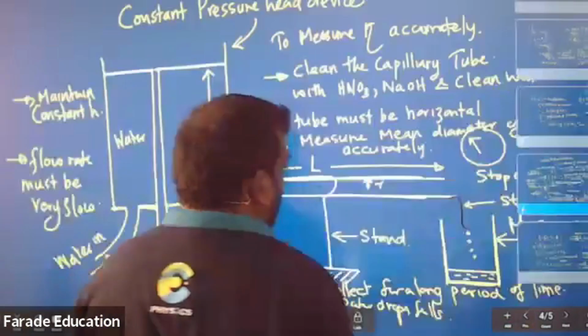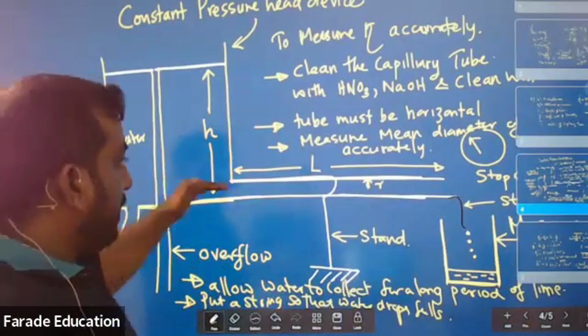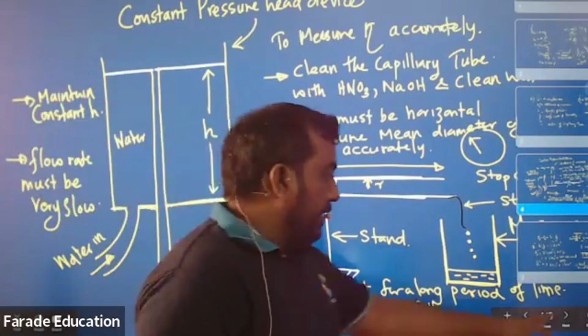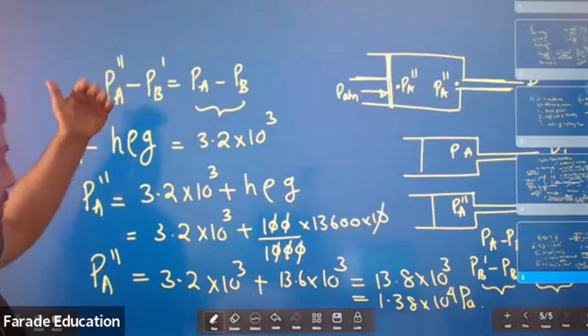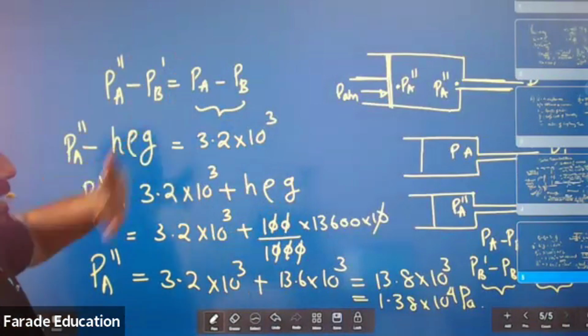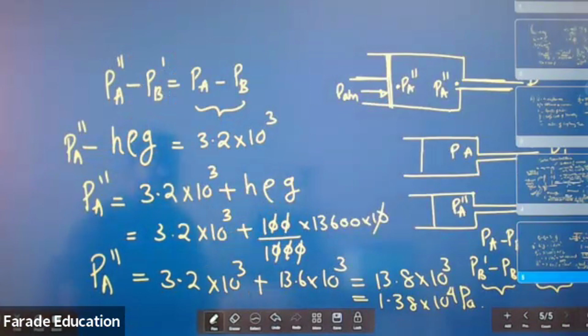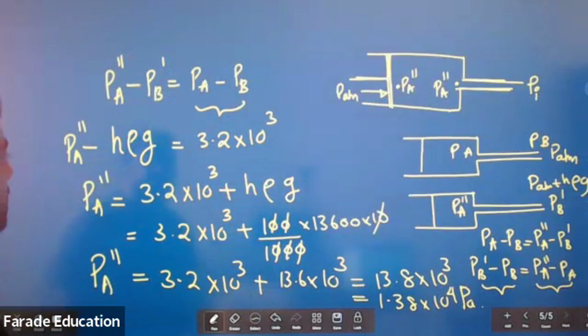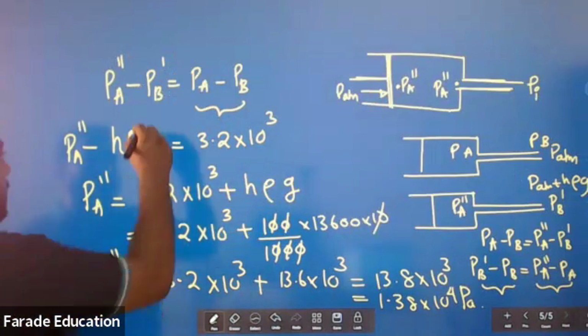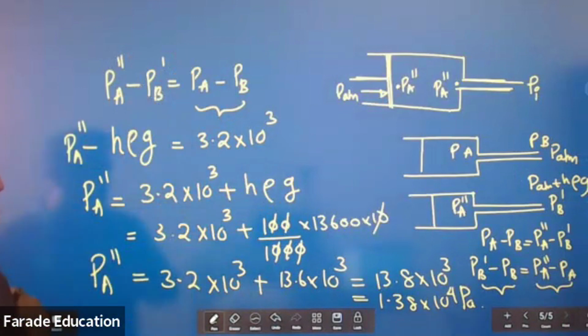If I go back again, now when the fluid is traveling through this, here we found out from the earlier relationship the pressure differences are equal. For PB dash, we did the substitution here.